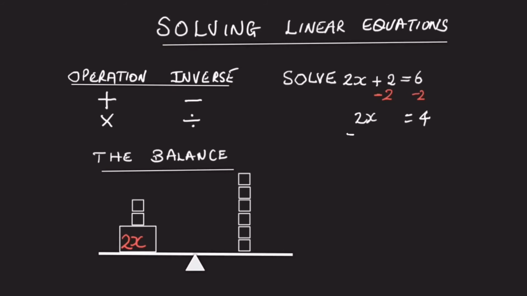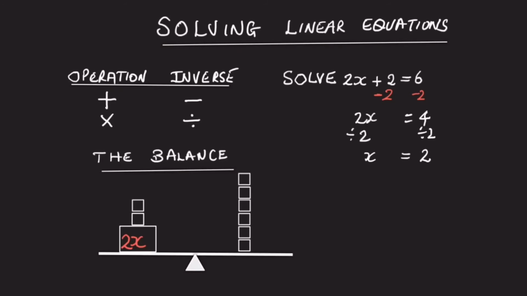So 2 divided by 2 will give me 1, and I will just be left with my x, and 4 divided by 2 will give me 2. So applying the algebraic rules, I've ended up with the answer x equals 2. So now I'm going to move across to the balance to see how that works, and hopefully it will give me the same answer.